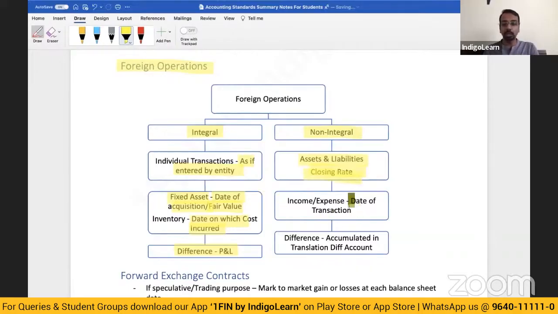Income and expense, you will use the date of transaction, and whatever is the exchange difference which arises because of this translation, you will accumulate it in translation difference account. And what do we do with this translation difference account? When the foreign operation is disposed of, you will also transfer this amount to the reserves, right? So this is how you deal with integral operation and non-integral operations.